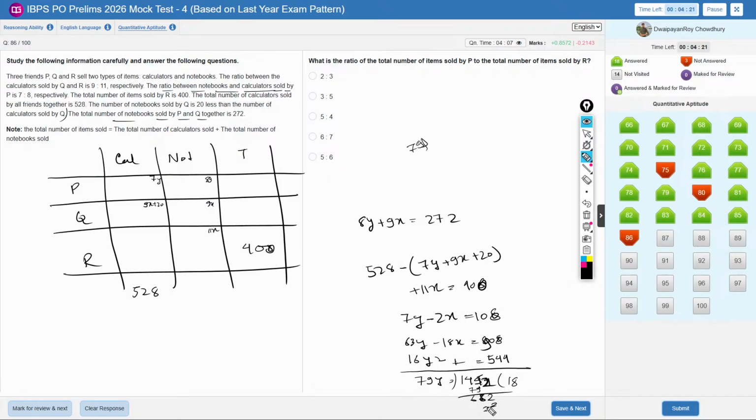So 3, 6. I just hope it's 18, because otherwise it is such a waste. So it was 400 minus 11x.